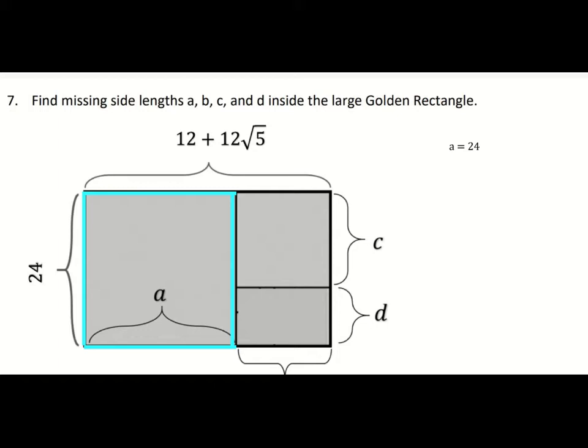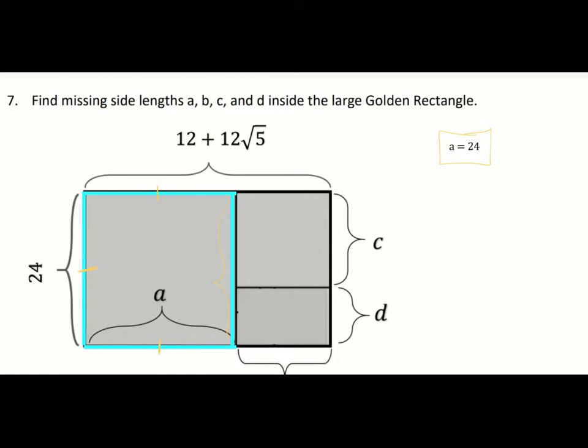Yes, it has 4 right angles, but the big deal here is that it has 4 sides that are the same. So A, 24, this blank side and this long blank side here all have the same measurement. So A must be equal to 24 because it's the side of a square with side lengths 24.